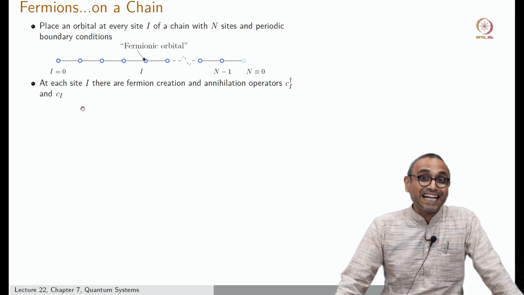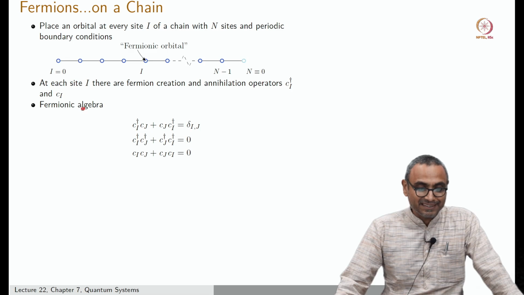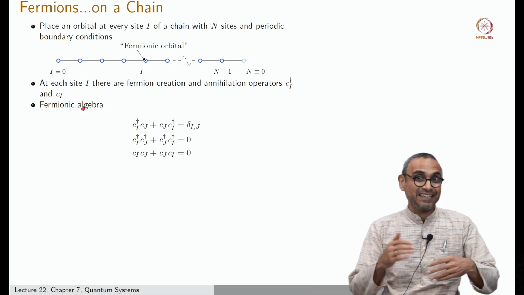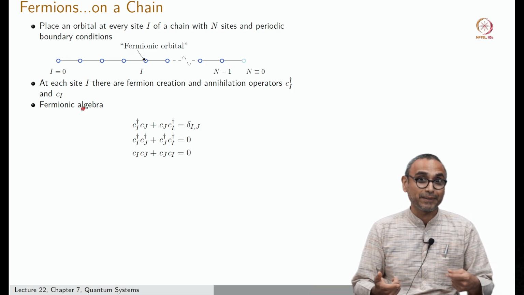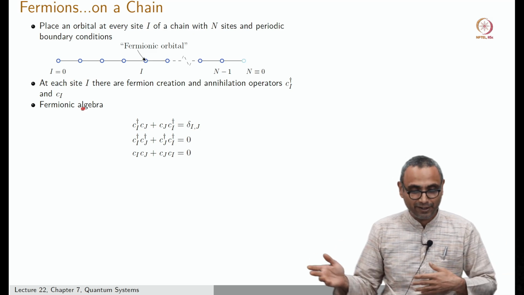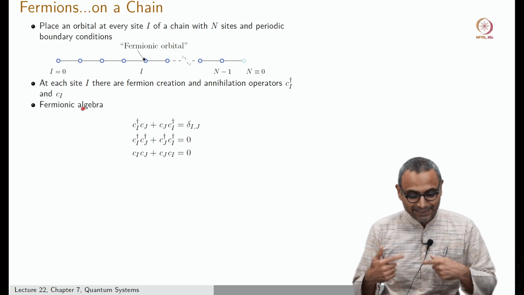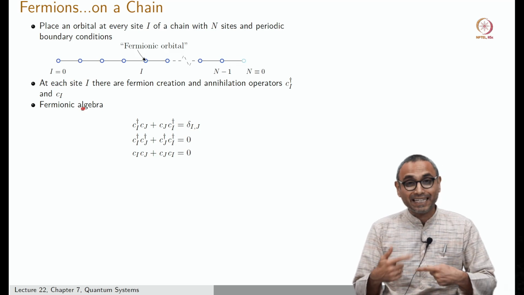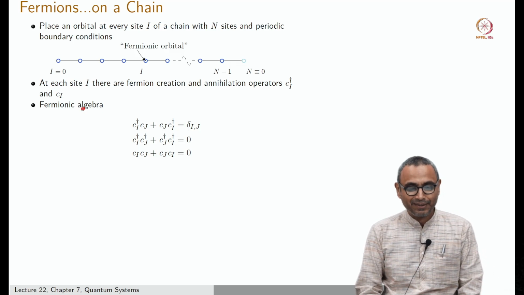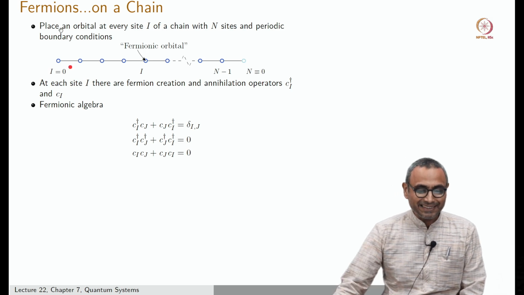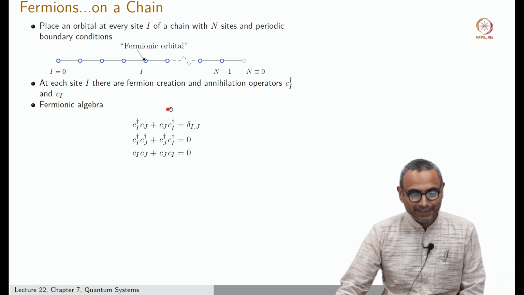Now what is the algebra that these operators have to satisfy, if the fermionic orbitals are defined at different sites and there are operators associated with each site? You will realize that the algebra they satisfy is written in this fashion.